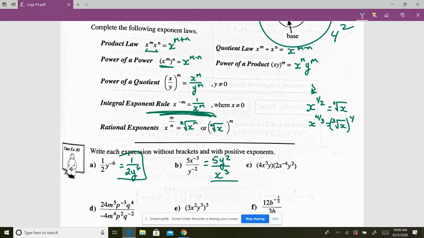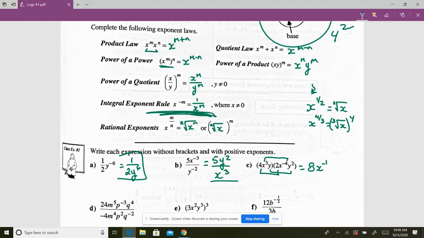All right, bunch of brackets here, so we need to clear all them out. So we're multiplying. 4 times 2 is 8. X cubed times x to the -4. What do you do with the exponents? Add them. What's 3 plus -4? -1. So we're just going to write x to the -1. We'll clear up the negatives at the end.